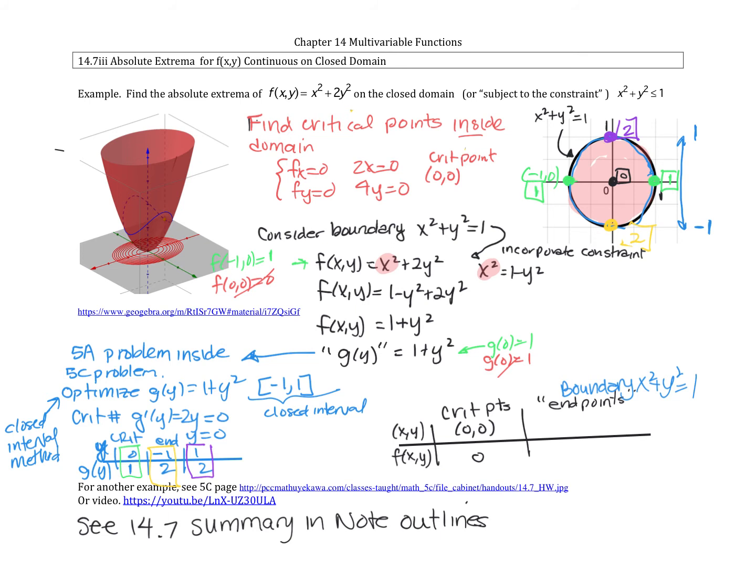And so at this point here, at -1, 0, and at 1, 0, we got the output of 1 at both of those. At the yellow point down at the bottom, which is 0, -1, we got a functional value of 2 here. And then at this purple point, which has coordinates 0, 2, we got an output of +2.